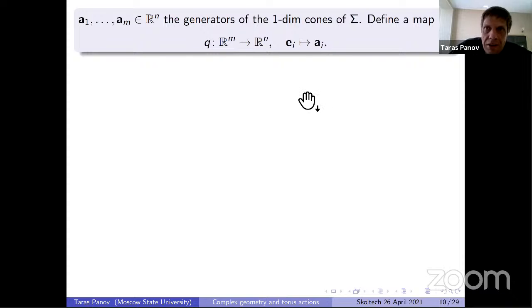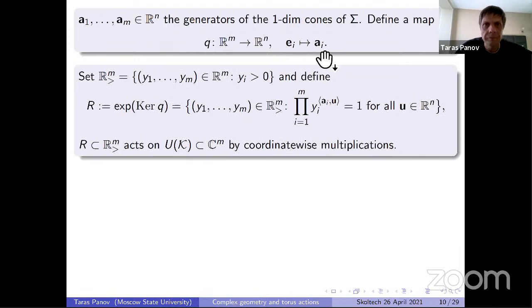So you have a complete simplicial fan in n-dimensional space with m generators, and from these generators you can define a map, just sending the basis vector to the generator. That's a surjective map. You can then take the kernel and exponentiate it.